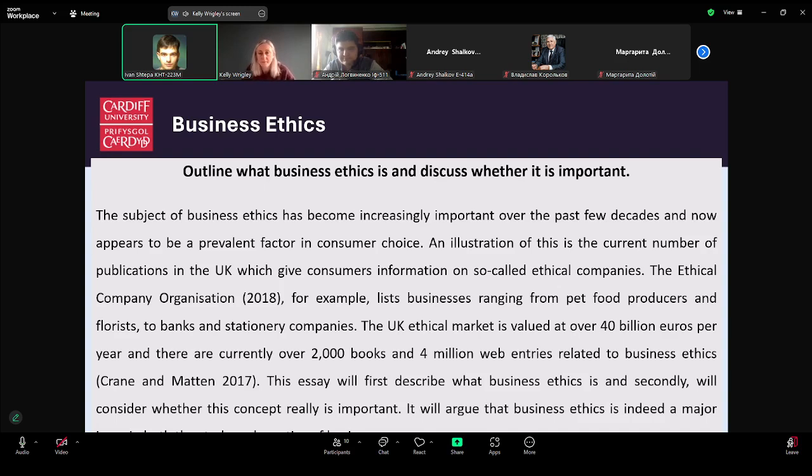Definitely the referencing shows it's academic. The use of data from research shows it's academic. What about the language in it? How is the language academic?